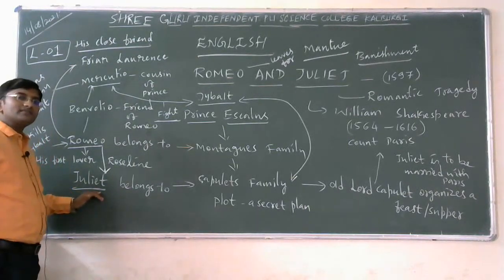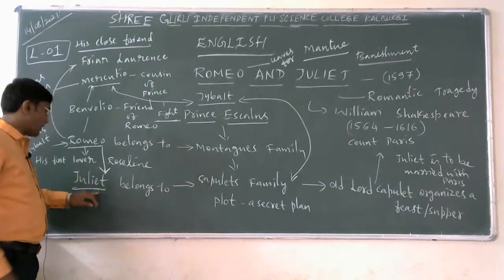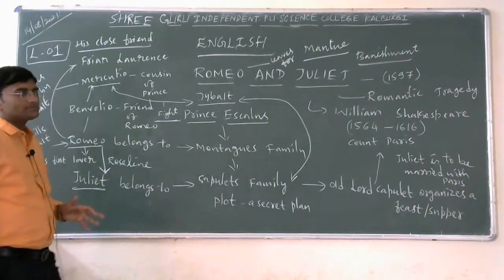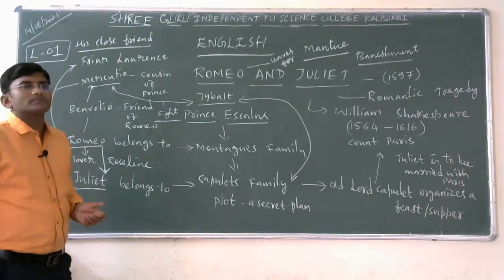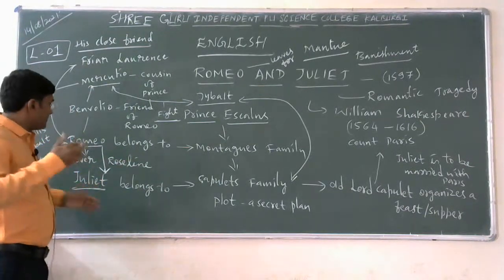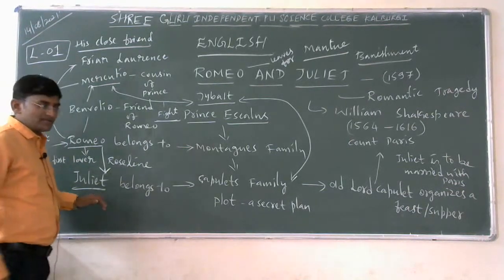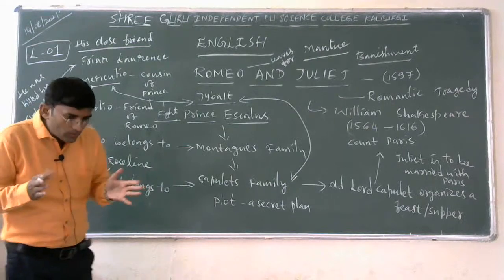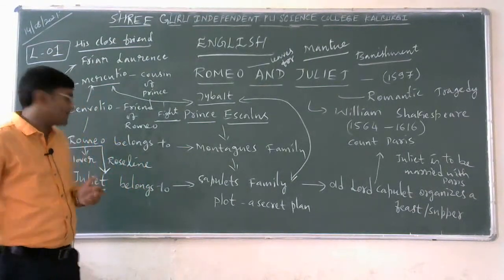Juliet does this. When she lies down nearby the tomb, everyone was completely in a bewildered state. They did not have any hopes that these two lovers will meet each other.